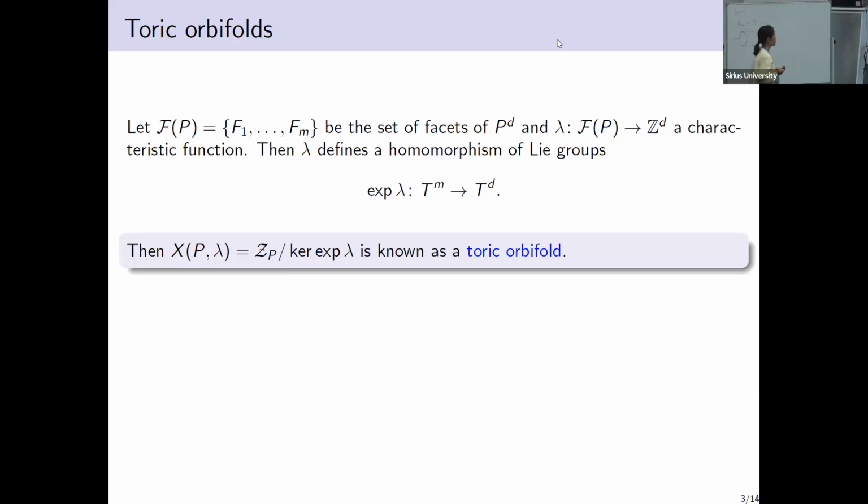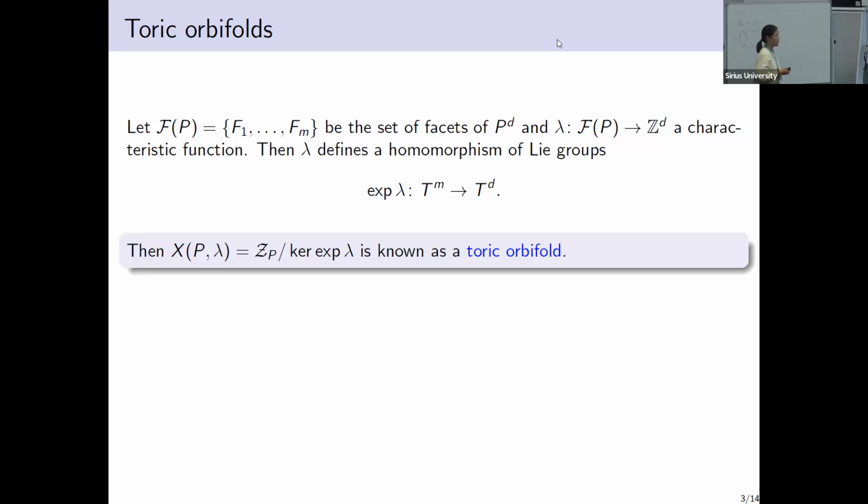Remember that d equals the dimension of this simple polytope. The characteristic function requires that the image of each facet is a primitive vector, and when facets meet in a non-empty intersection, their images should be linearly independent in Z^d.